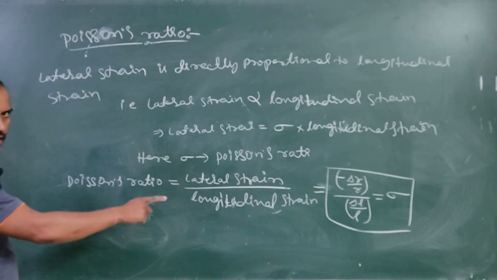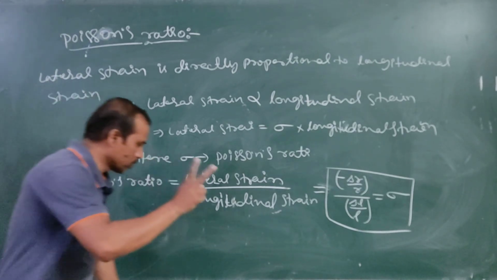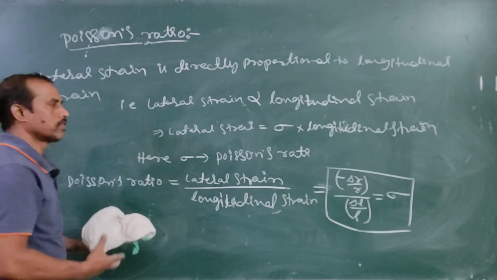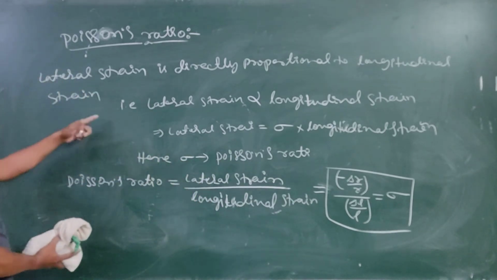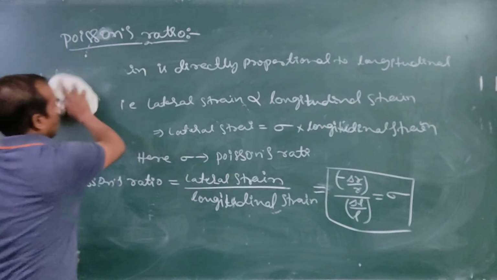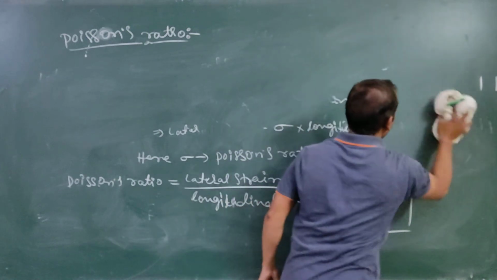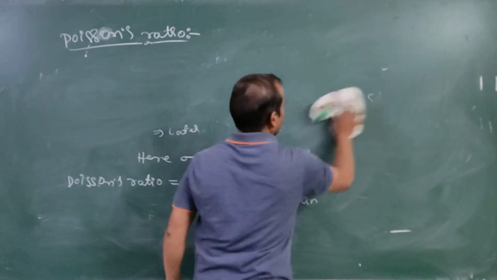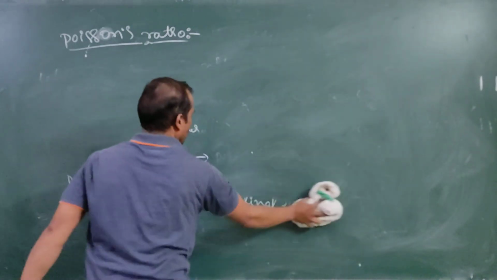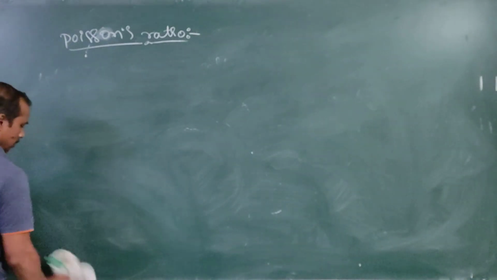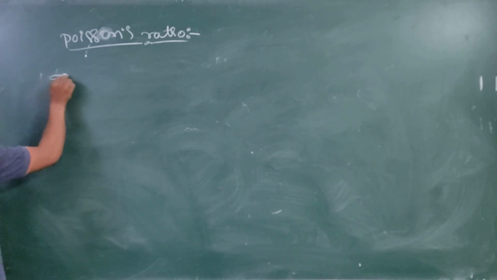It is a ratio of two strains. Note this one here. Next, the Poisson ratio is a numerical number. Write down two or three key points here.